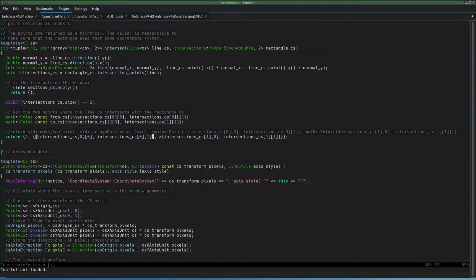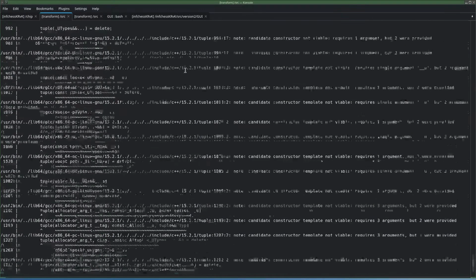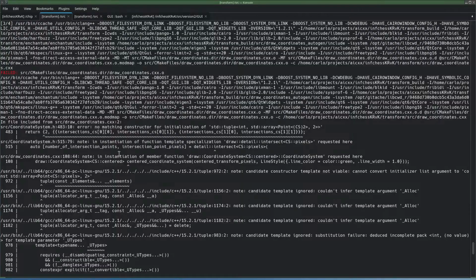Let's see, I have that. Okay, now it's complaining that it cannot convert initializer list argument to const array.